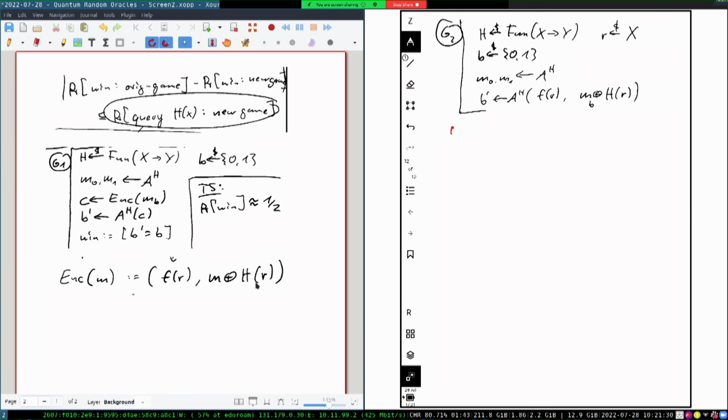Nothing much changed. We have that the probability of win in game 2 is the same as the probability of win in game 1. Okay, any questions about this?